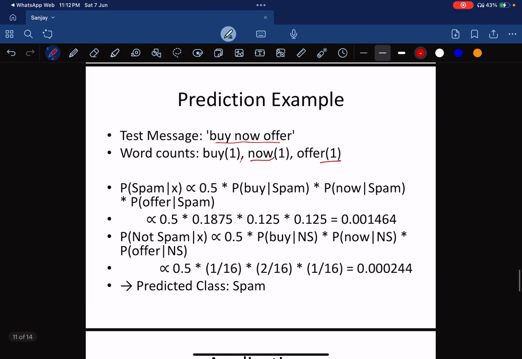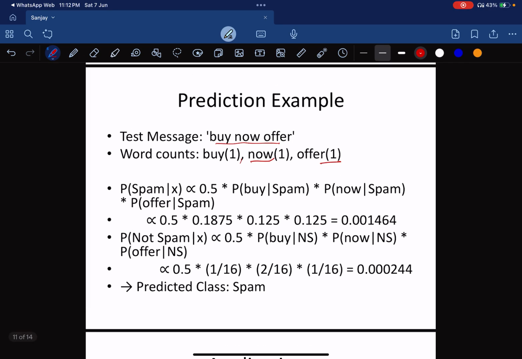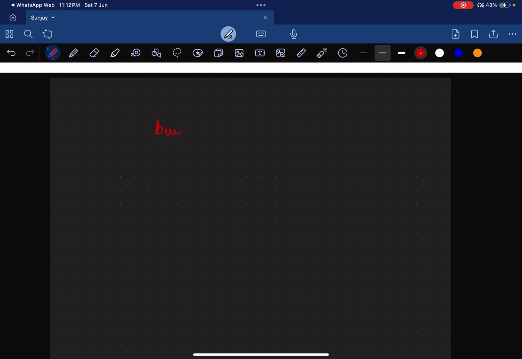For example, let's say the message is "buy now offer". "Buy" occurs one time, "now" occurs one time, and "offer" also occurs one time. In this multinomial distribution, each word is considered discrete, so each word is passed to each class.